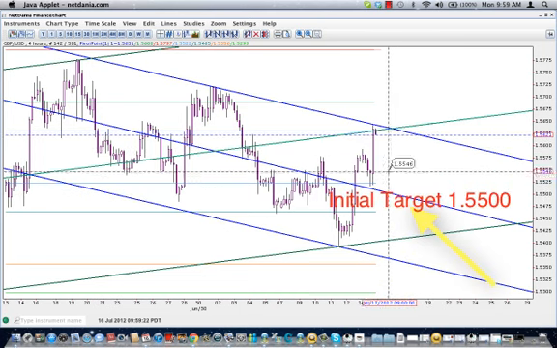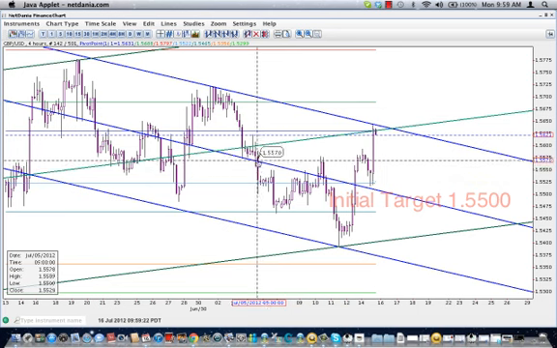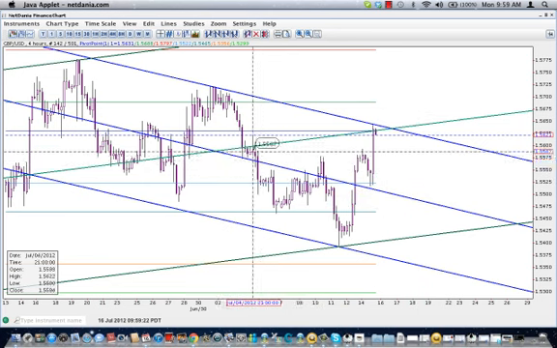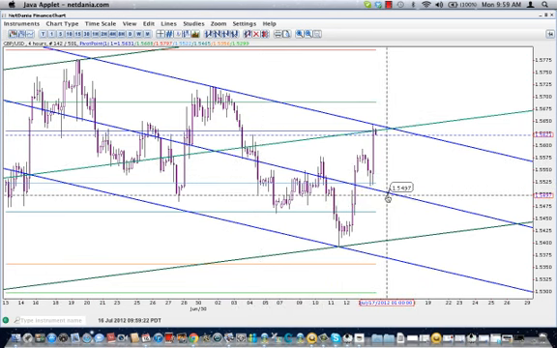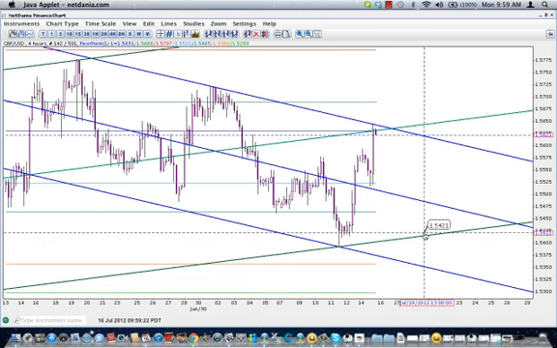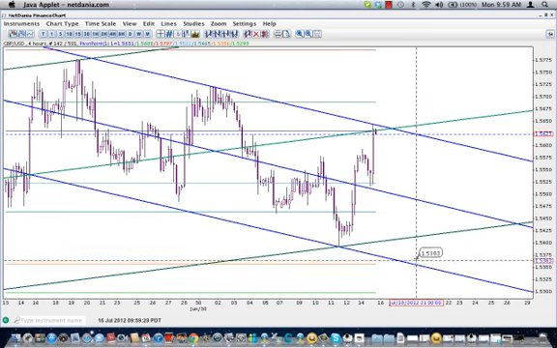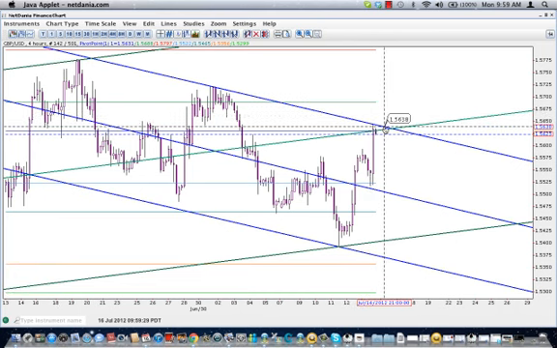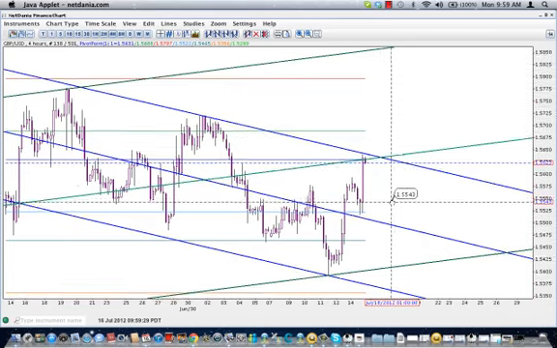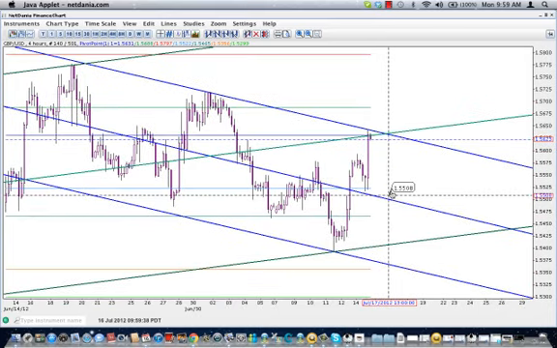My initial target is going to be this median slope. Price may actually go as far as the bottom of this trend wall, but I'm not going to anticipate that initially. I'll reevaluate once I get around that area, but initially this is my first target at 55.00.